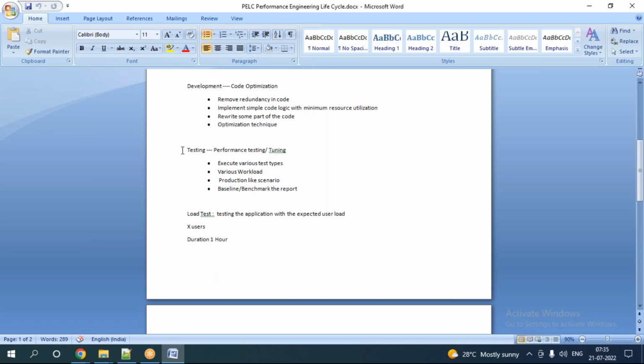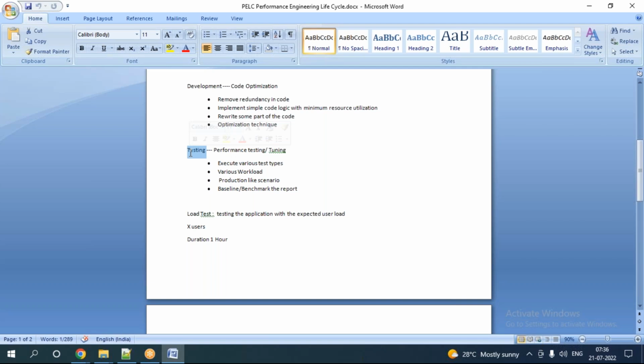And then testing. When unit testing is happening, along with them, or once they give the code to you, you have to do performance testing or performance tuning. Nowadays nobody is completely doing all types of performance testing.